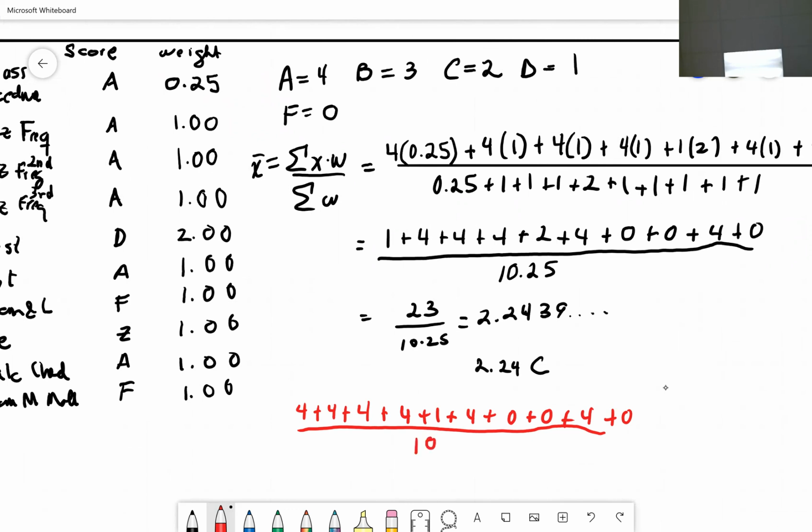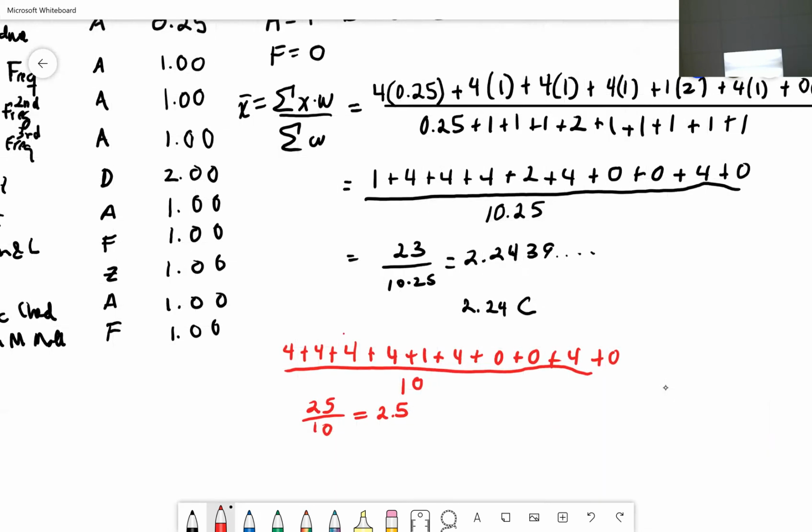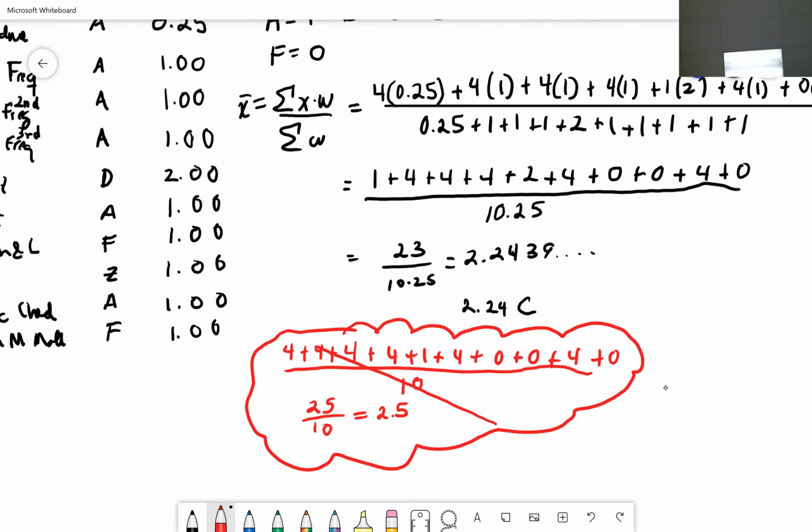So you would have added all these grades up and gotten 25 divided by 10, which gives you a 2.5. This would have been incorrect.